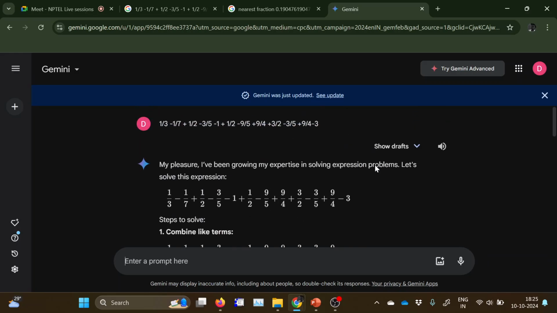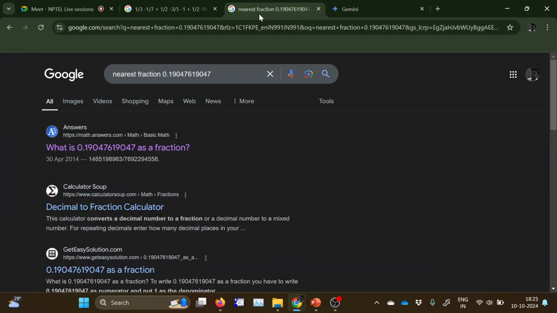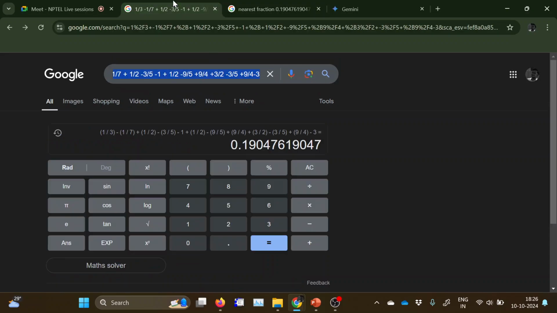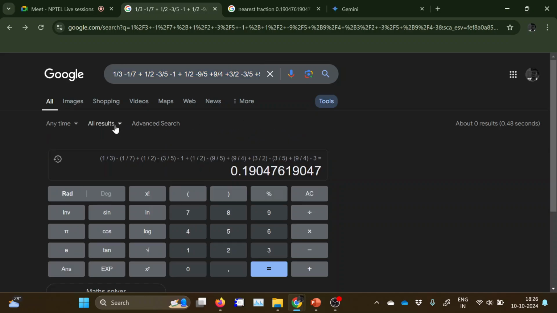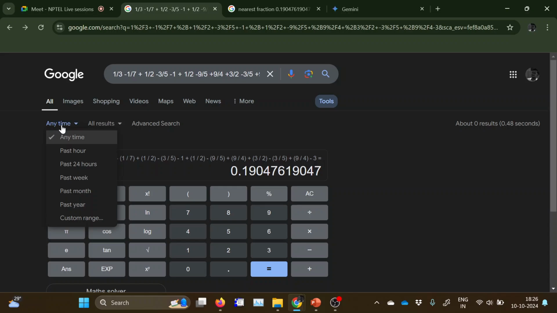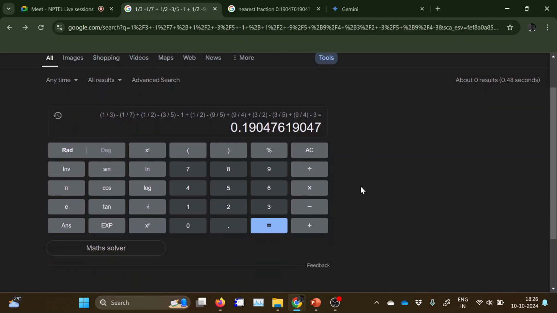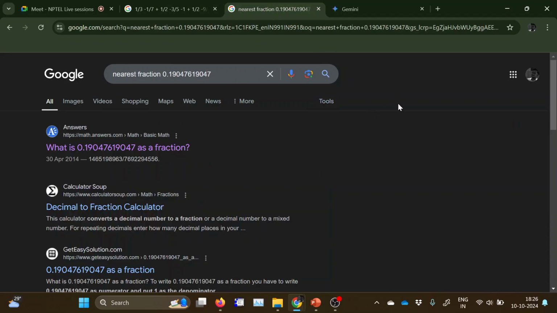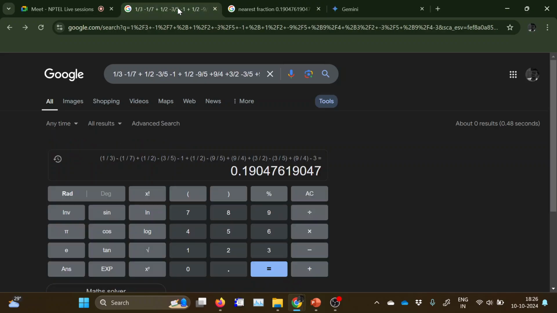It gives a solution, but this does not look okay. Anyway, so let's stick to this, 0.19 basically.